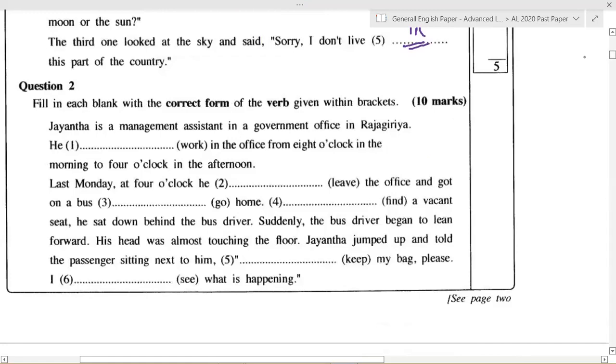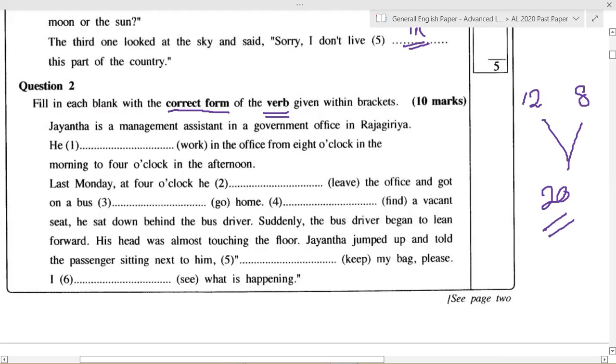Now let's move on to question number 2. Fill in the blank with the correct form of the verb given within brackets. Correct form of the verb. So this is a separate lesson. And of course, if you have watched all of my videos on my YouTube channel, this is easy peasy, because we have learned 12 active voice and 8 passive voice tenses, altogether 20 tense patterns.